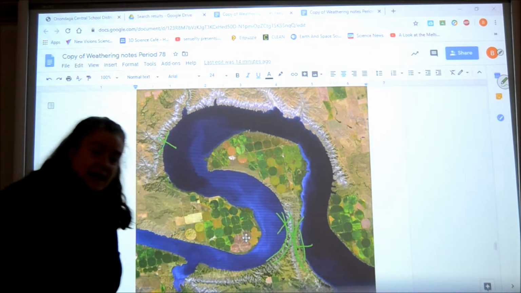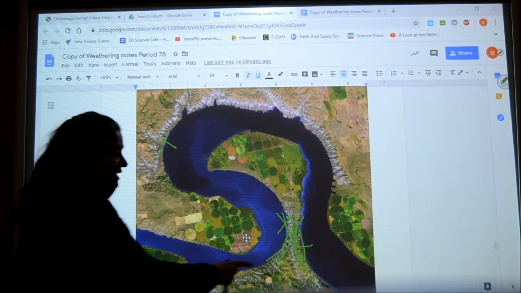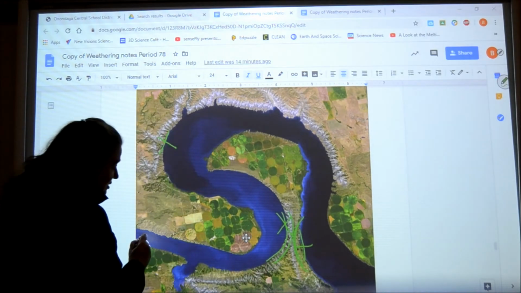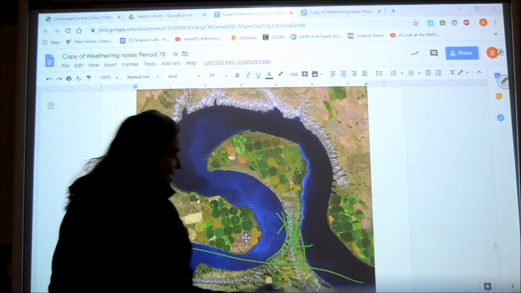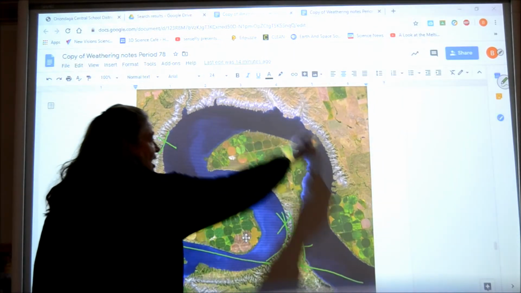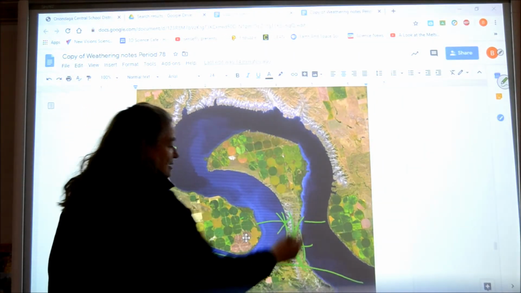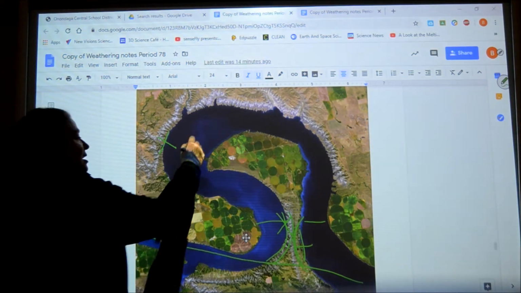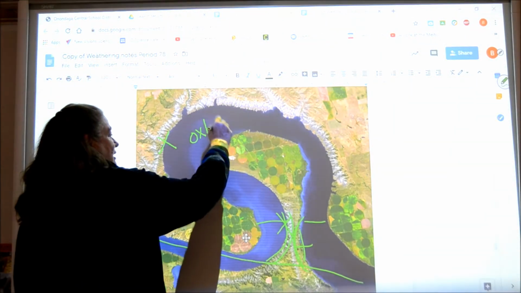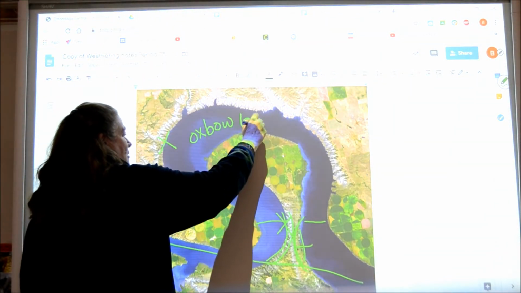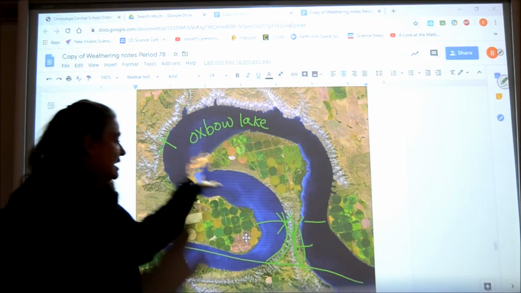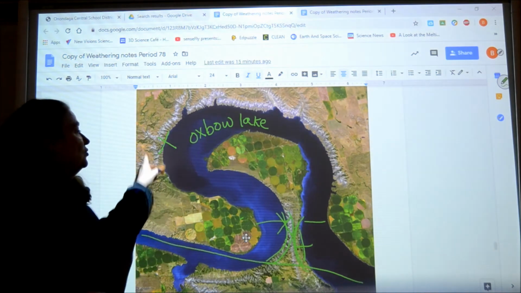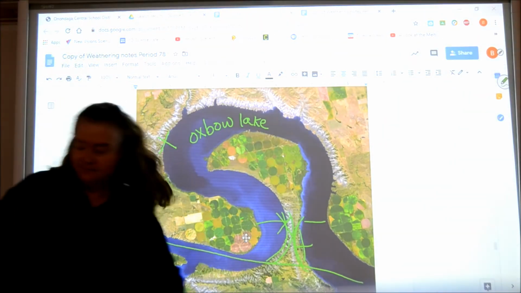Eventually, they're going to connect. When they connect, they actually straighten this river or stream out. It's going to cut this off, and this is going to become eventually my oxbow lake. No longer will it be connected to this river. Its only source of water will be from the groundwater that feeds it.